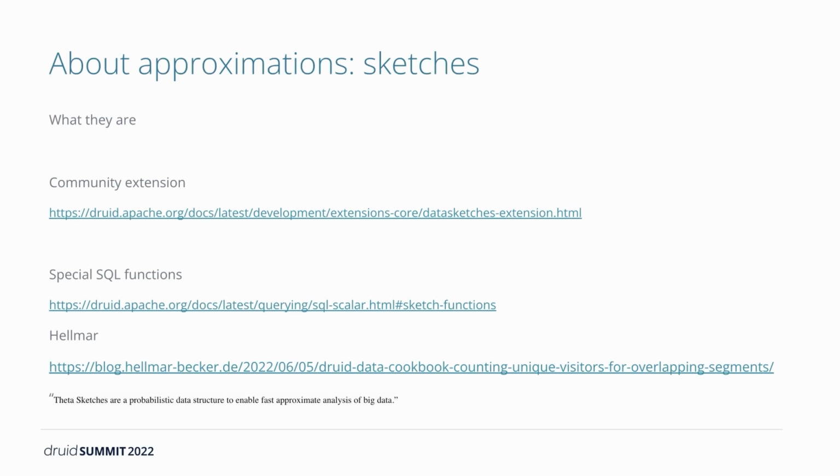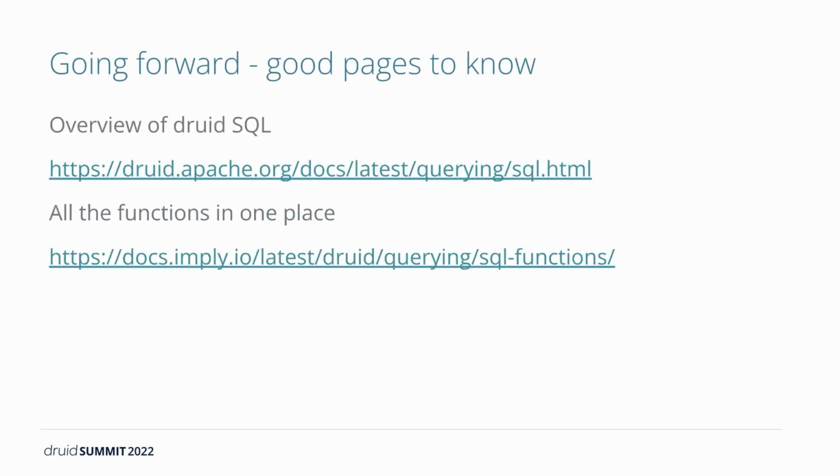So this is a super quick overview of some highlights of Druid SQL and some of the functionality, some of the limitations, some things to be aware of, how it works, some good doc pages to bookmark. I have them bookmarked: an overview page and also one that lists all the functions in one place alphabetically.